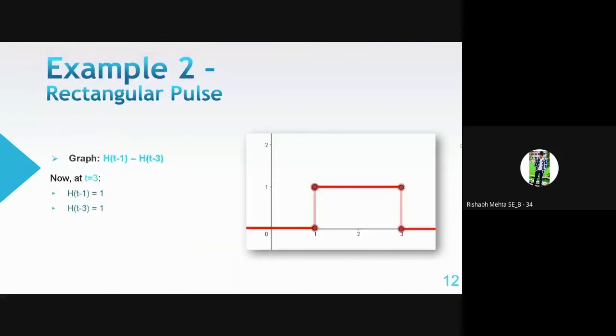As soon as the graph reaches t is equal to 3, since both h of t minus 1 and h of t minus 3 will have the value 1, the equation will become 1 minus 1, that is 0. Therefore, after t is equal to 3, the value will again become 0.